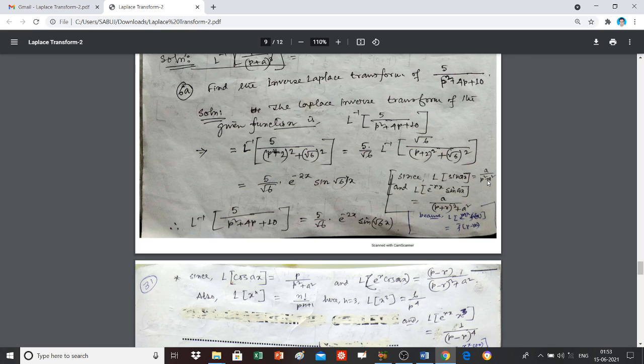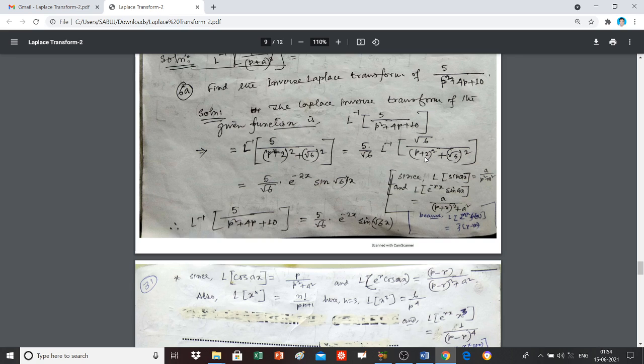But you also know that the Laplace transform of e to the minus rx sine ax, according to the first shifting property, has p replaced by p minus minus r, that is p plus r. So this will provide you a by p plus r whole square plus a square. Comparing this, in this case r is equal to 2.